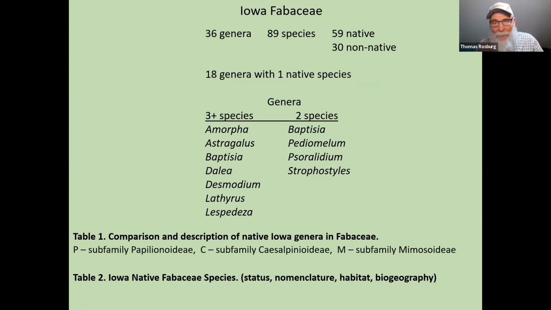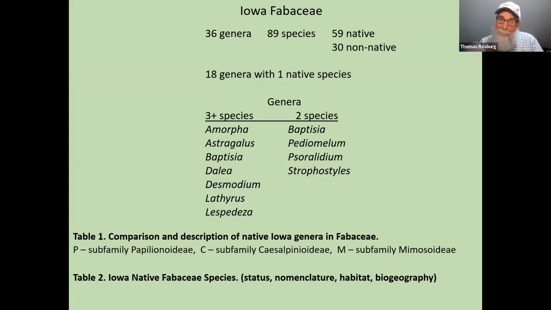It gave a little bit of information about their distribution, how frequent they were or are. And of course, it gave what we in Iowa should use as their correct scientific name, what we call the nomenclature. It's badly outdated. Now, of course, since nothing's been done with it since 1994, it needs to be revised.